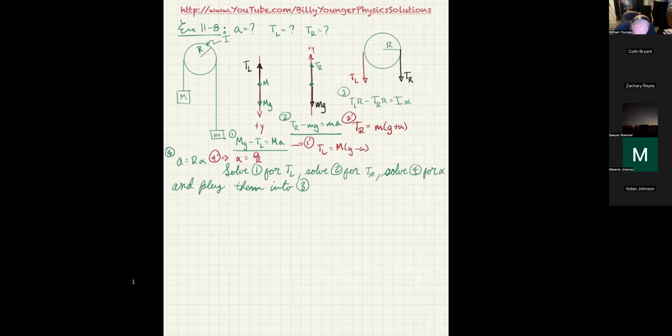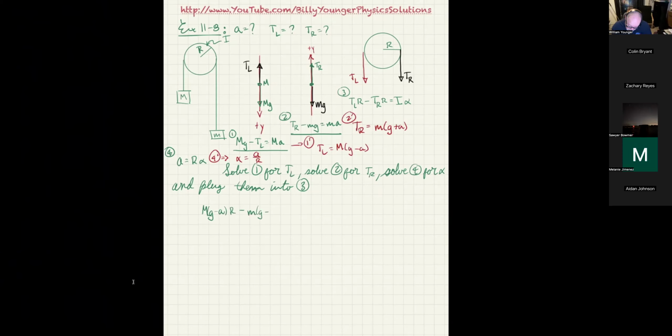And what I'm going to get is big M times (g minus a) times R minus little m times (g plus a) times big R. Oops, yeah, I think I'm doing the right one.